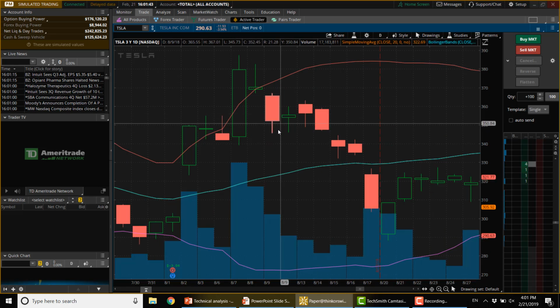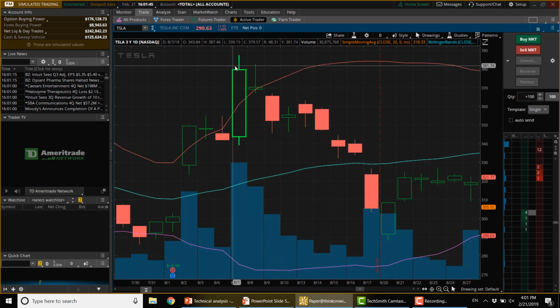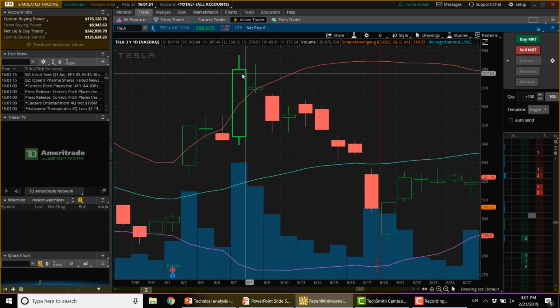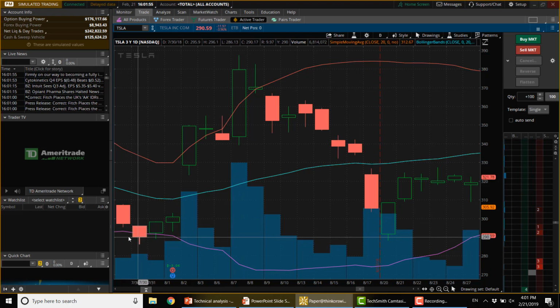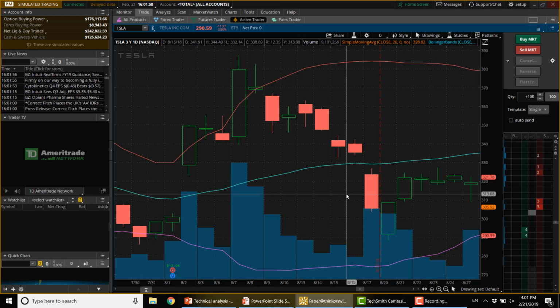As you can see right here, Tesla's share price very briefly jumps above the upper Bollinger Band. And right here, it actually dips below the lower Bollinger Band. Now, depending on which technical analyst you ask, this would indicate a different thing.